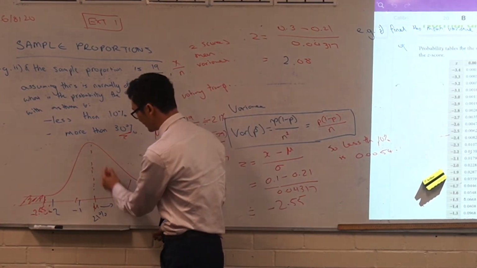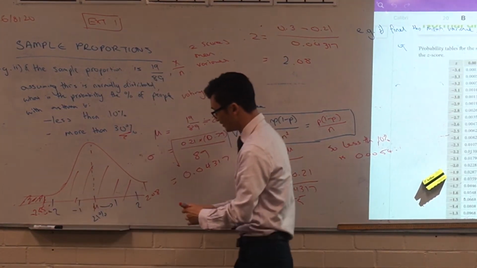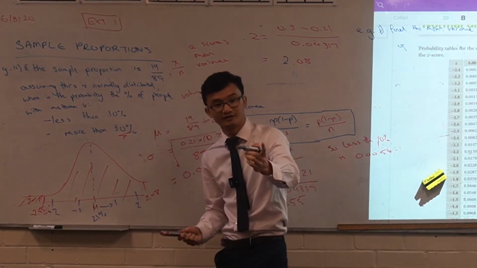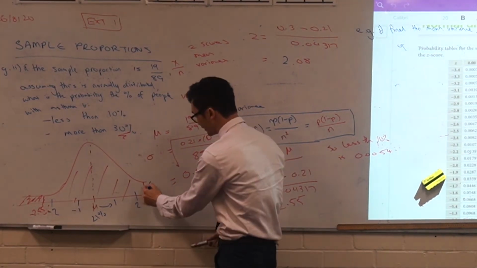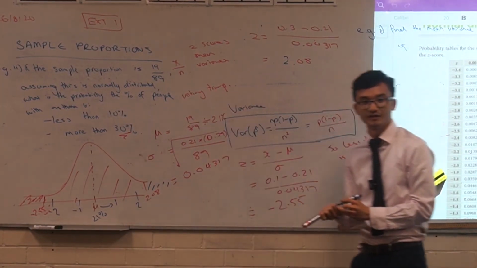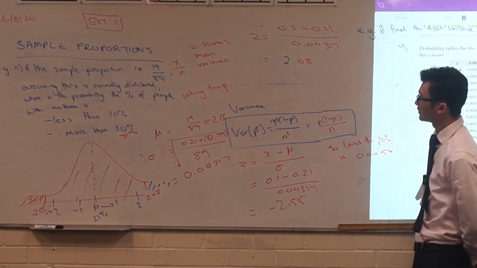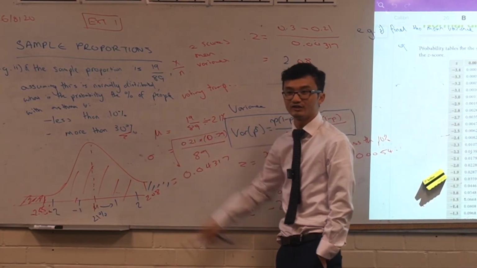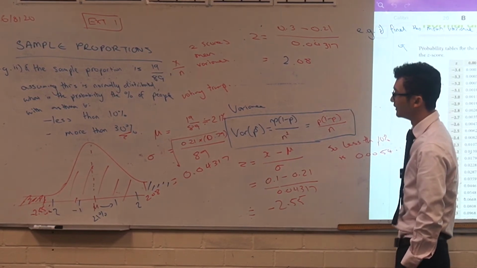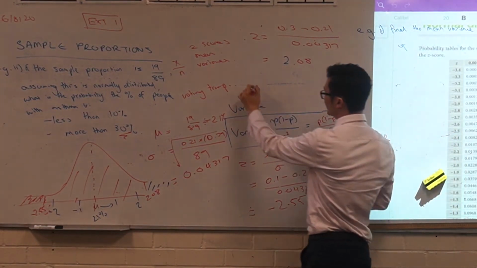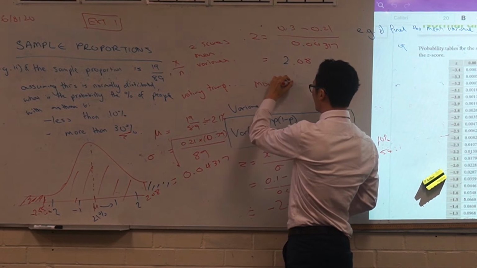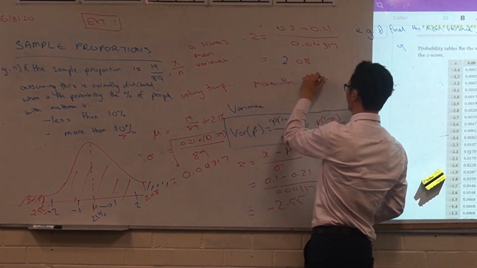But what do I actually want? I want the other side, right? So I want all this side here. The idea is that sometimes you have to look at the question carefully. They may do things a bit differently. So if you want more than 30%, we can use the value, but we're going to have to do something with it in a second.